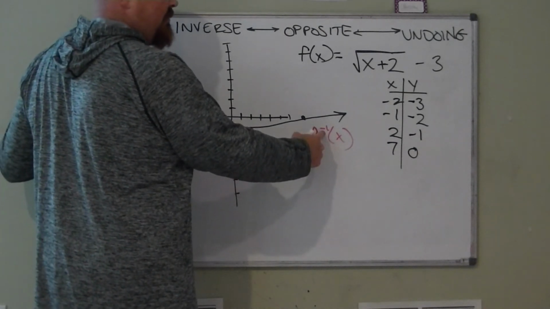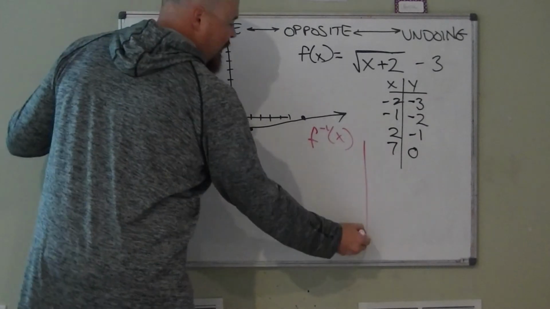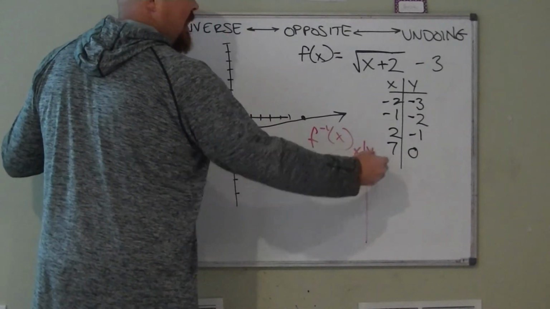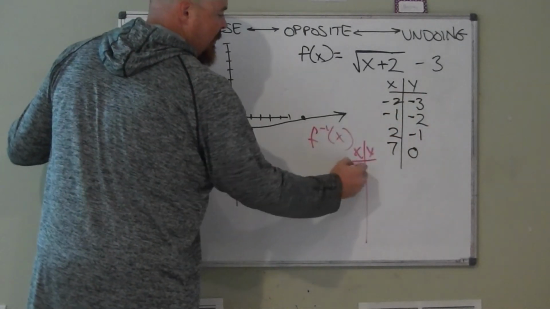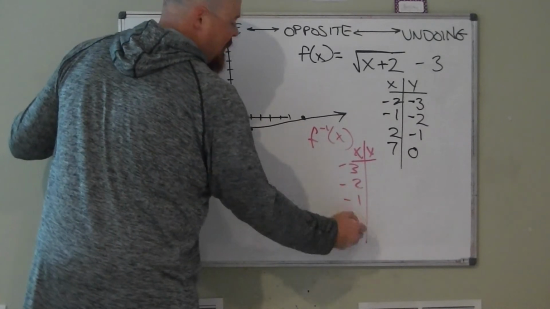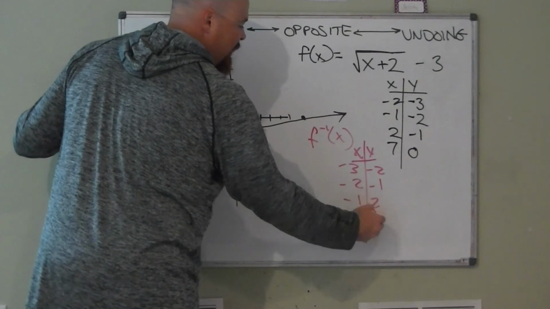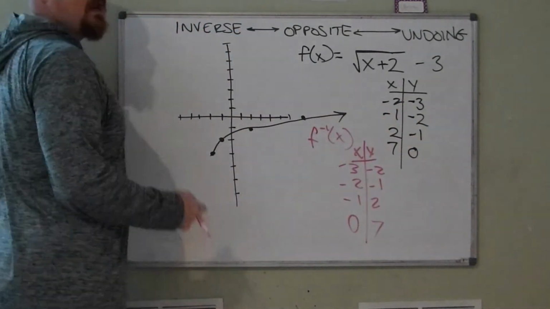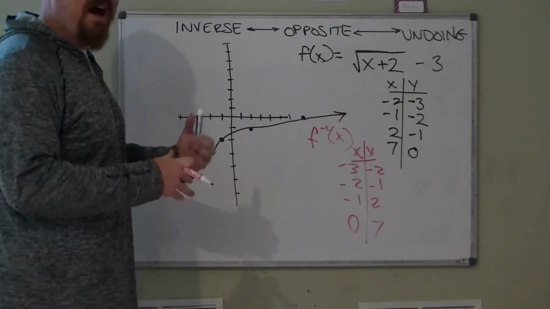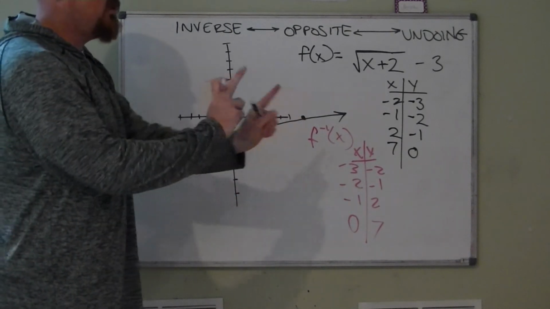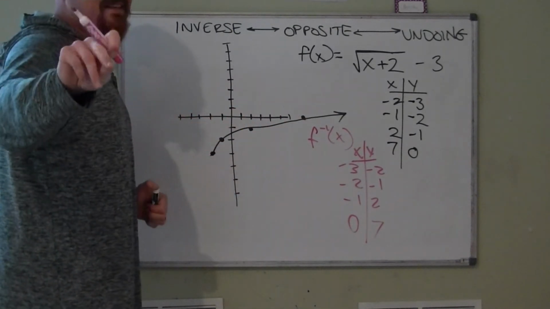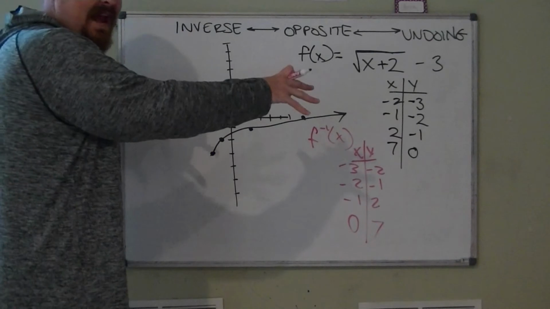For the inverse of the function f, we take all of these values and make them the x values, and we make these the y values. So we are switching the x and the y columns. That is one way to define an inverse of a function: we switch the domain and the range. You should write that down in your notes. I'm limited in the space that I have here.